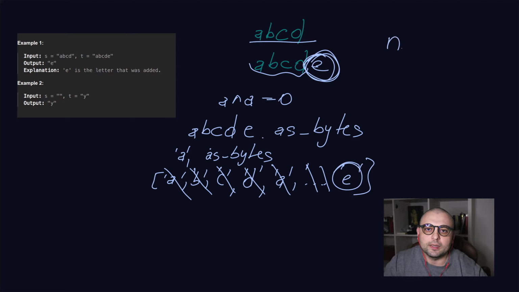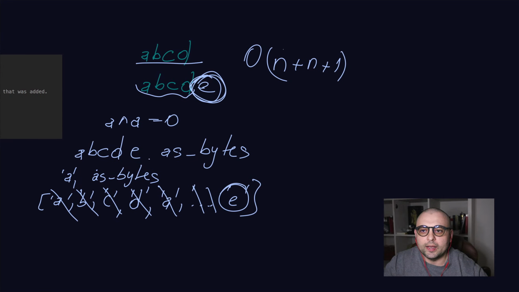So it will be n plus m, or n plus 1. So this will be a big O of this, where n will be the size of the first string, and this part will be the second string, but we know it has one letter more, so this will be n plus 1.